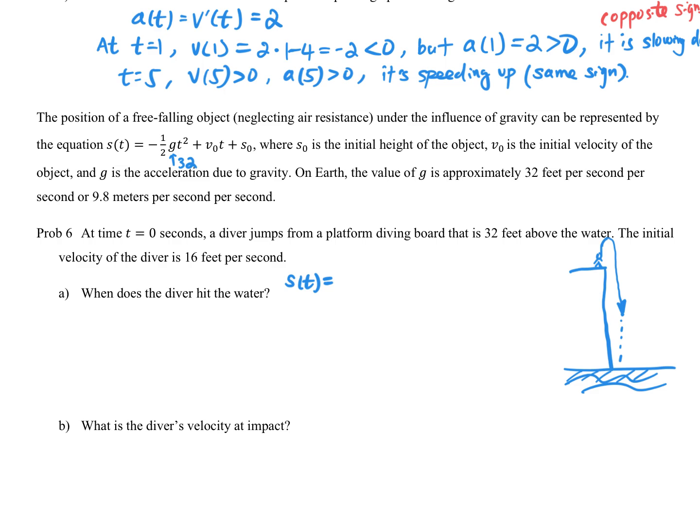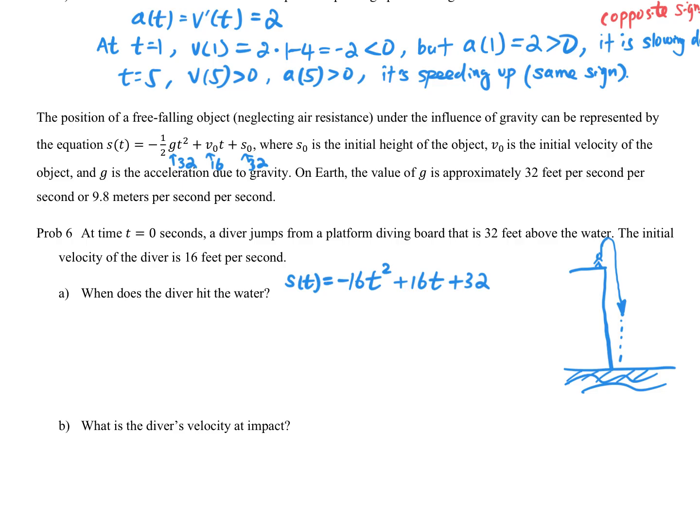So this is going to be 16. And this is the initial height, so we plug in 32 here as well. Therefore the position function is negative 1/2 times 32, which is negative 16 t squared, plus 16t plus 32.